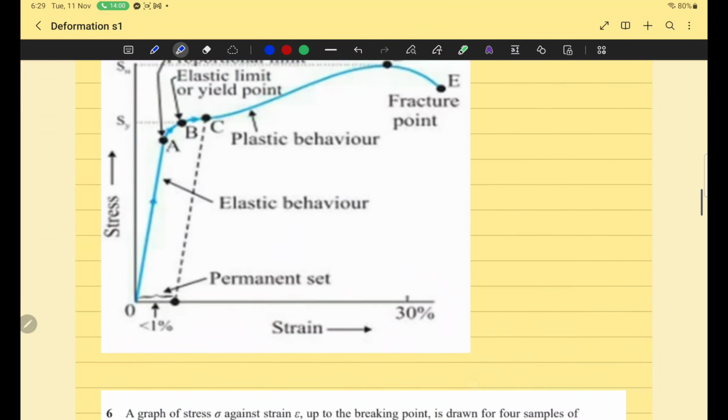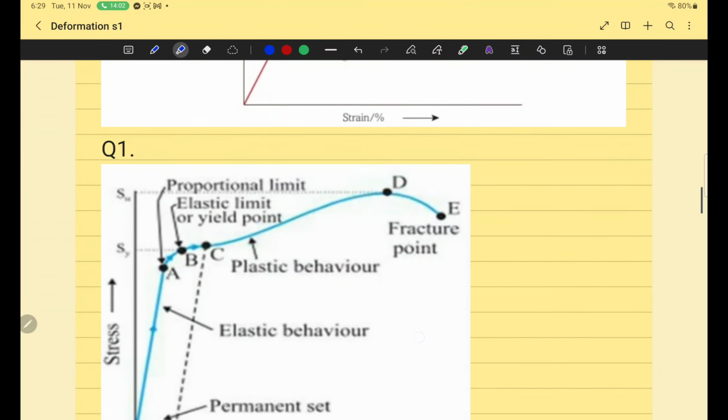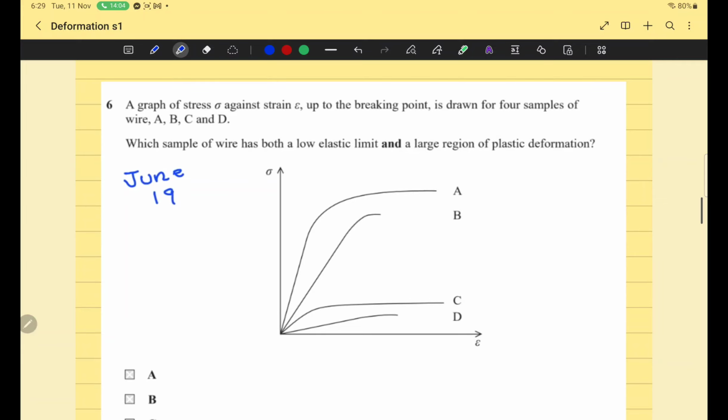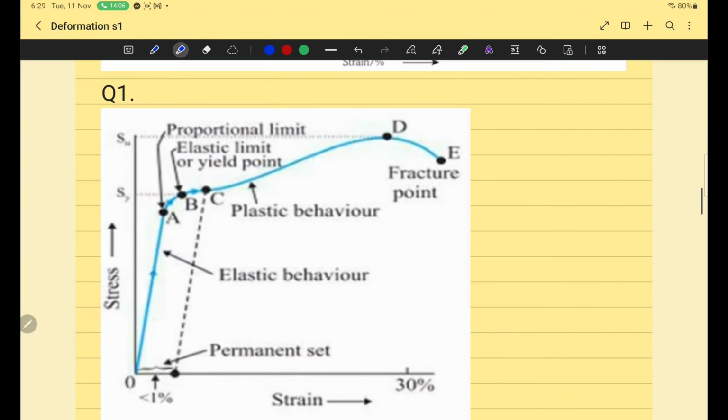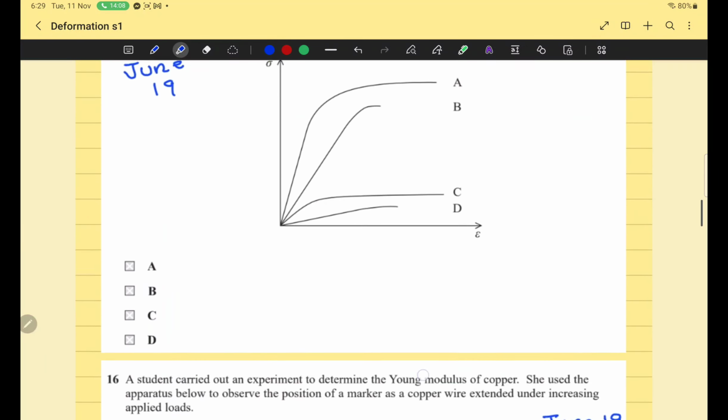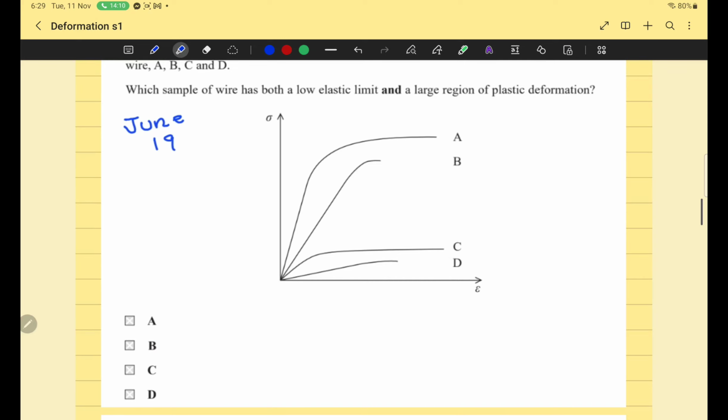And we have discussed all these graphs in the last class. Now the first question is from a graph. In this graph, what is happening? I'm explaining to you. If you plot a graph between stress and strain, remember stress and strain are directly proportional to each other.